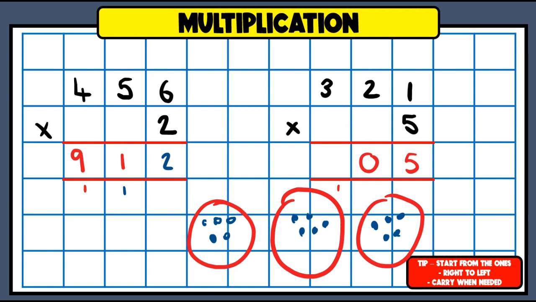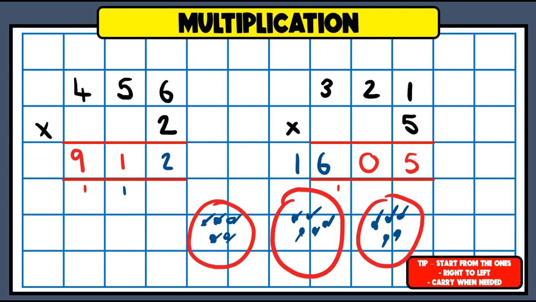And then add them up. Let's have a look. 1, 2, 3, 4, 5, 6, 7, 8, 9, 10, 11, 12, 13, 14, 15. My answer is 15. So 5 times 3 is 15. Add the 1. 16. 1,605 is the answer.